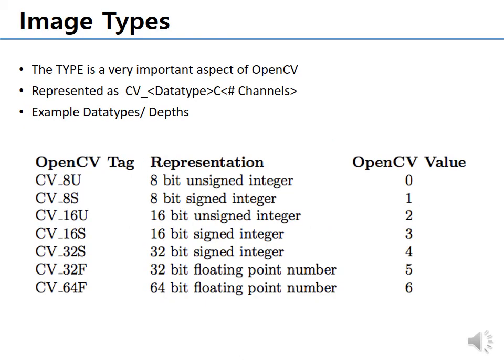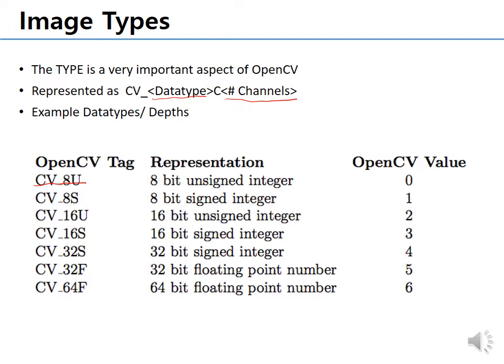This slide explains the image types. The type is a very important aspect of OpenCV, represented as CV, data type, and C, number of channels. We already studied CV8U in the previous example code.